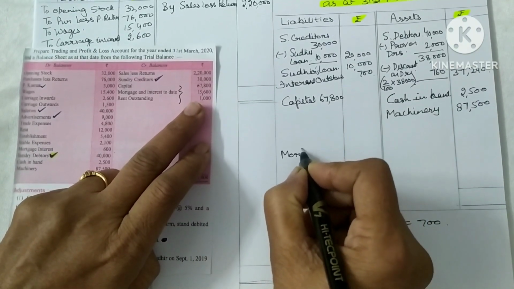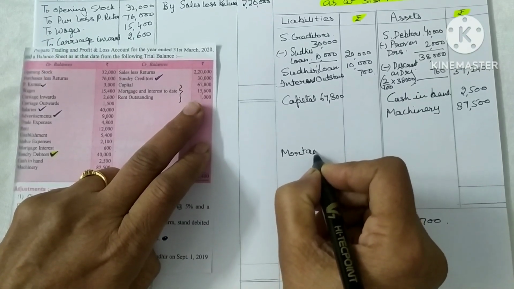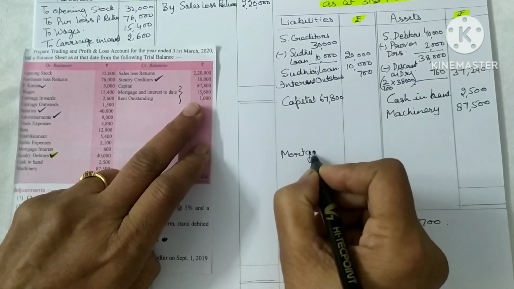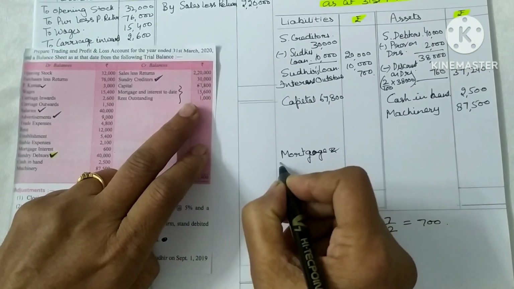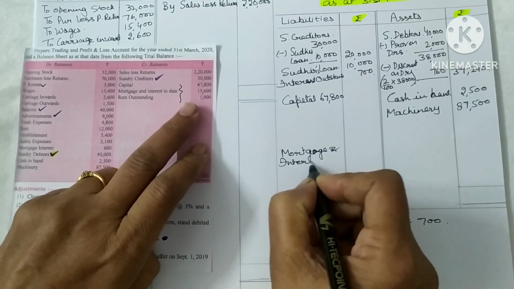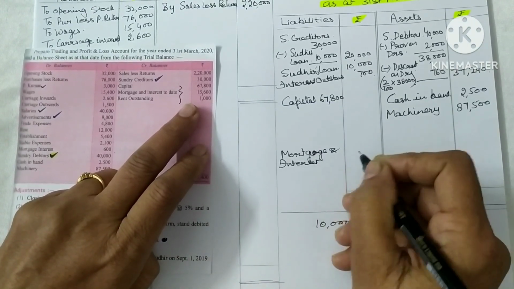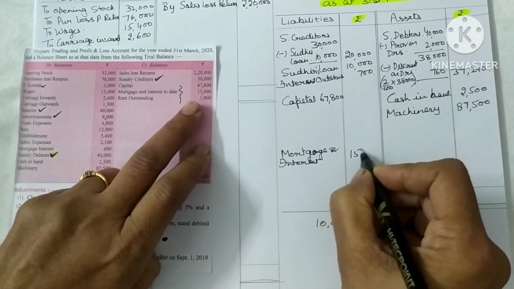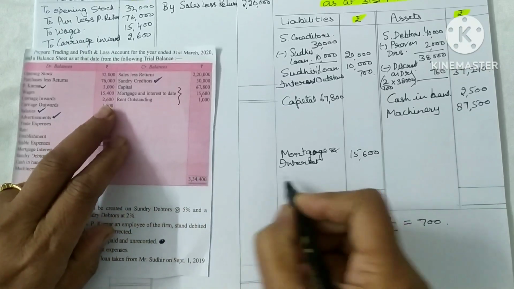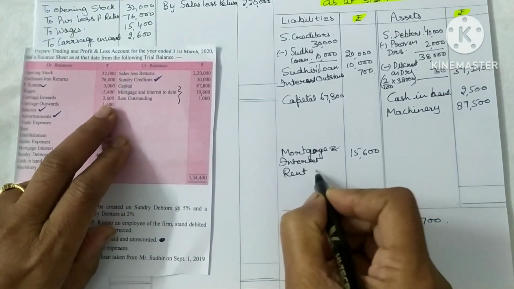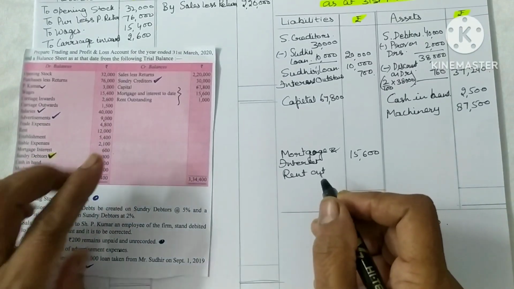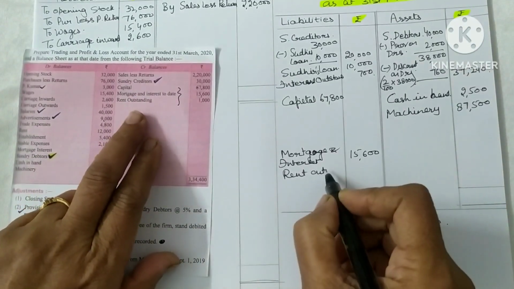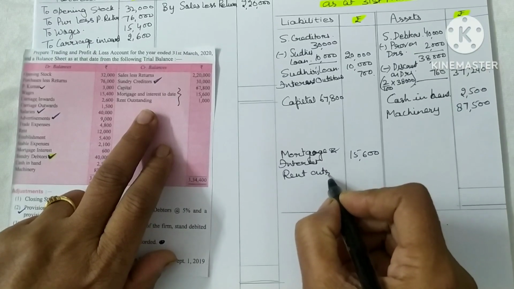Mortgage and interest, that is 15,600. Rent outstanding is your liability. If rent outstanding is given in the trial balance, you have to show it on the liability side only.